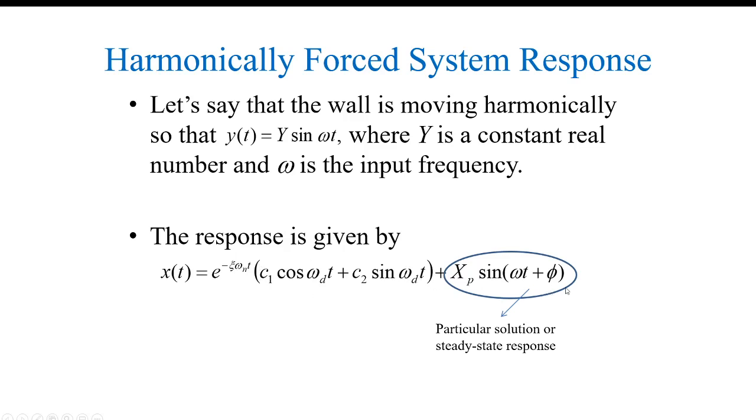When we have damping, the homogeneous solution will decay to 0, and we only end up with the particular solution. We call this the steady state response because it persists: as time goes to infinity, this part of the response will still remain.